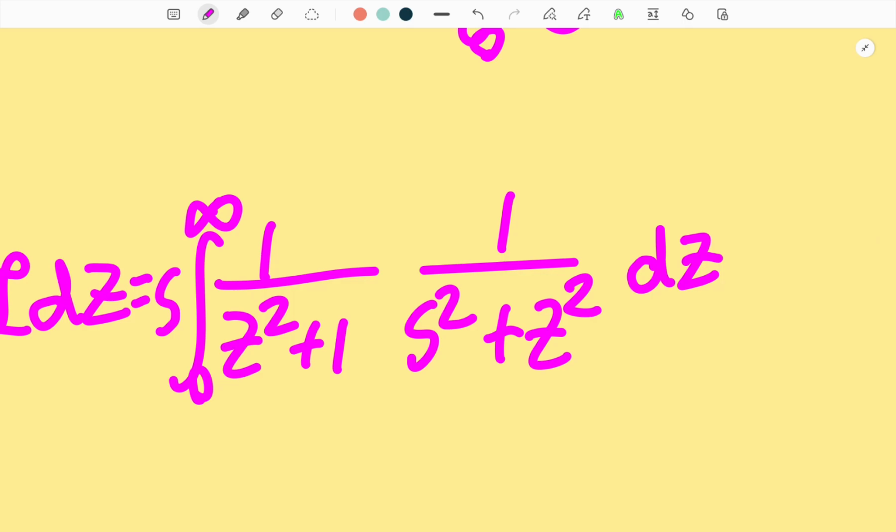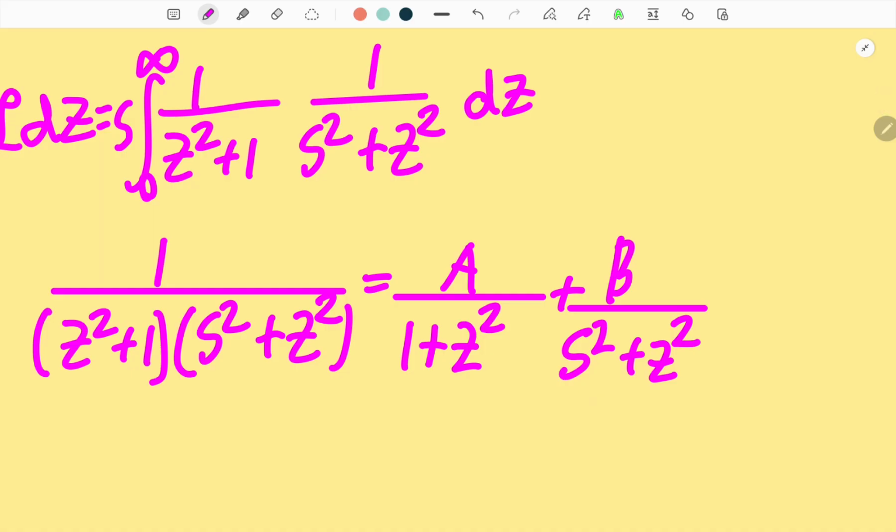Okay, so let's do that partial fraction decomposition real quick. The whole idea of doing this partial fraction decomposition is turning this one big fraction into two separate, easier fractions. So that's exactly what I'm going to do here.